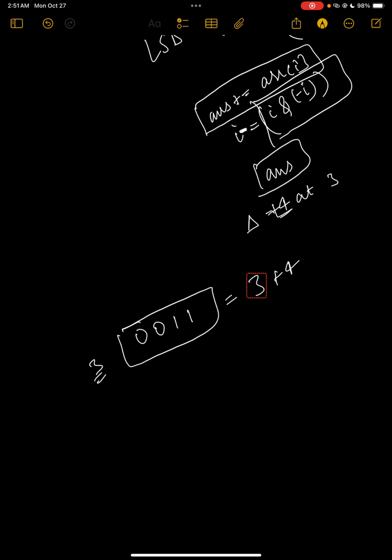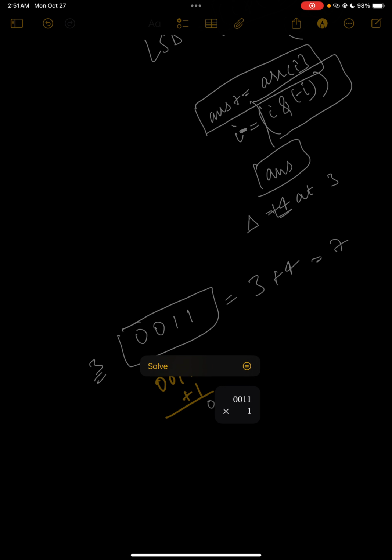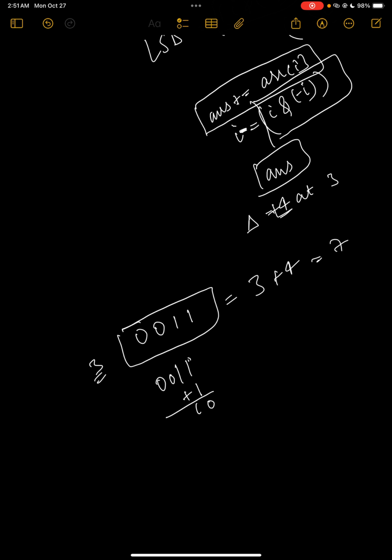So suppose at third we have 3, delta is plus 4, so 3 becomes 7. Okay, so the next index we need to update is 011, and we will add the last set bit. So the next index we will update is 100, the fourth one.